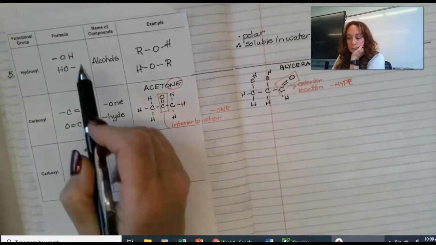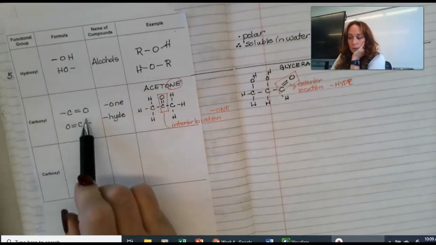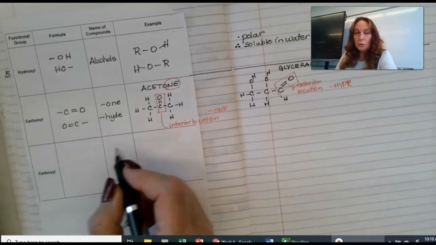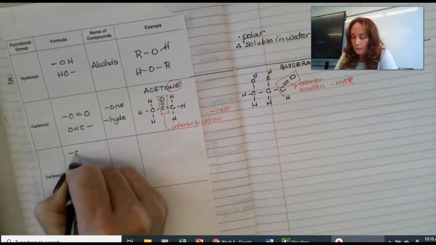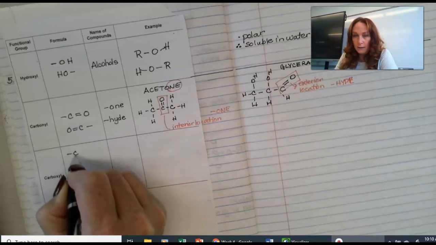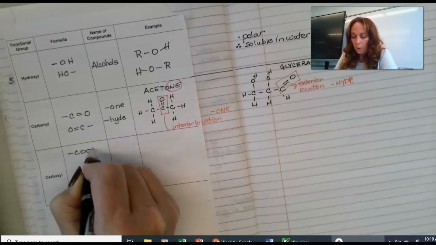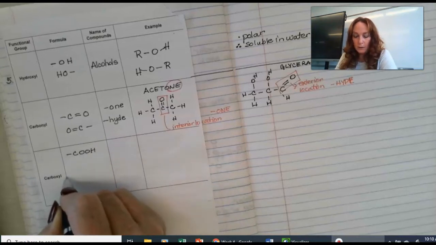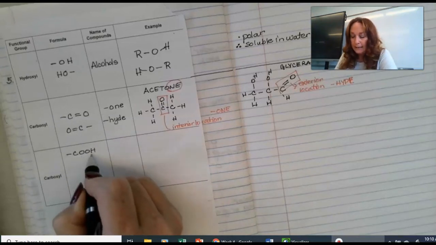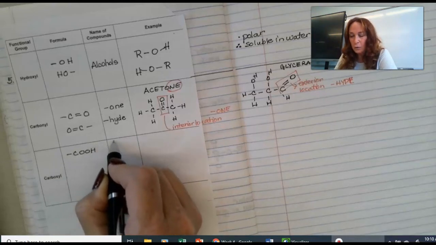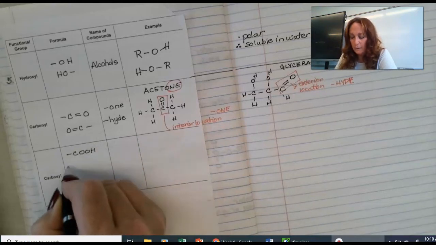Carboxyl. Hydroxyl, carbonyl had a baby. So you will see it written this way. The covalent bond with the carbon, so it's COOH. That's a carboxyl group. It has the ability to be an acid and lose this hydrogen into the solution.